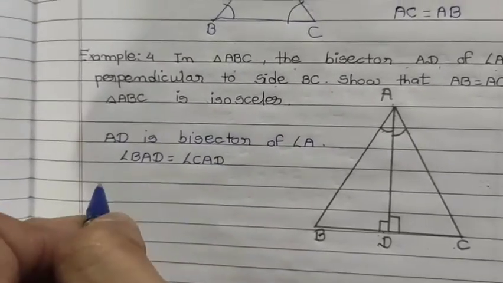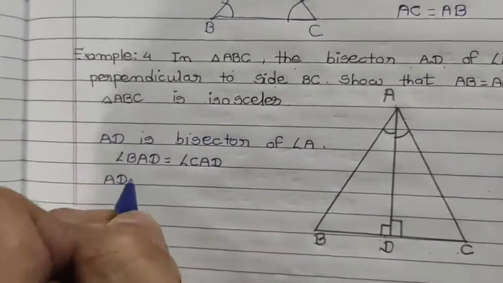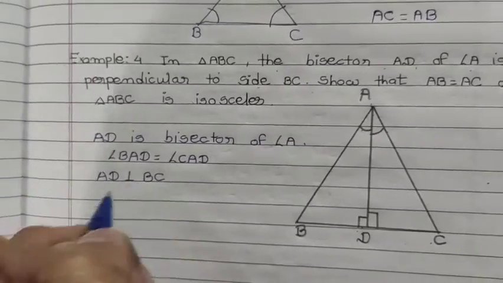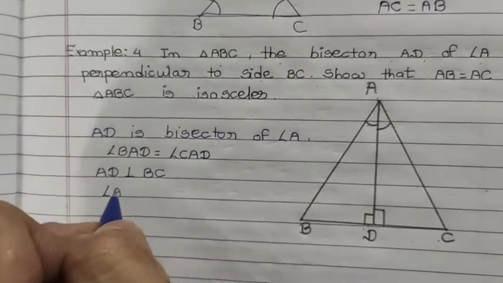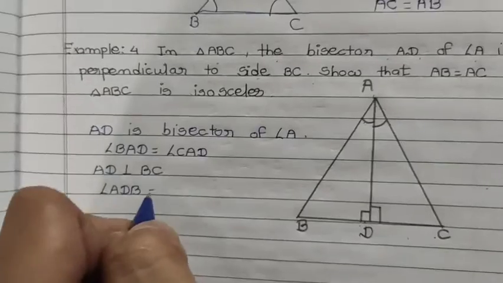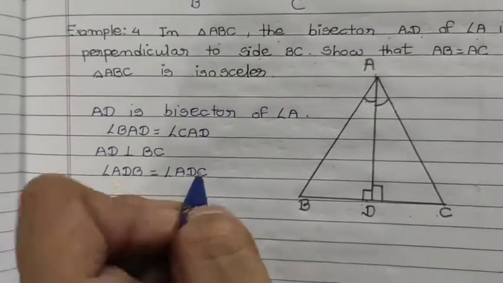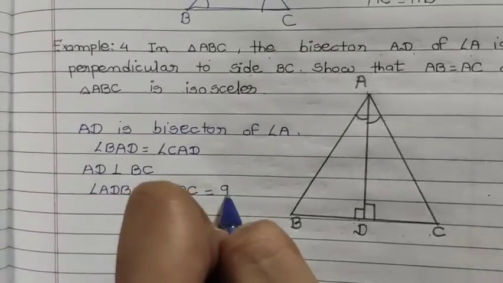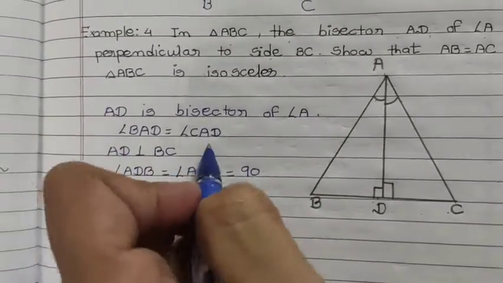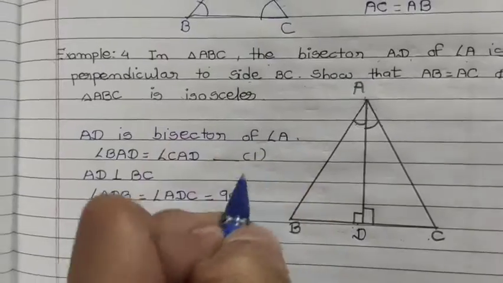Call this 1. And second, AD is perpendicular to BC. That means we can definitely write angle ADB is equal to angle ADC, and both are equal to 90 degrees. That is result number 2.